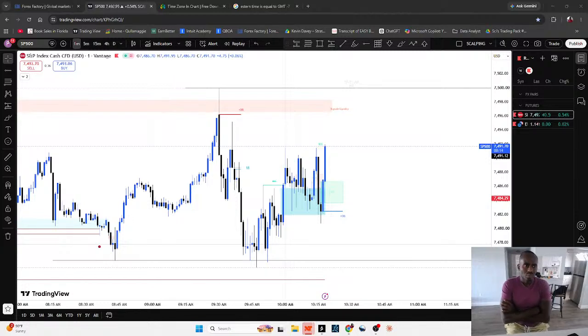I'm not going to let this market entice me to chase or anything. Nope. I'm looking at the hourly nasty wicks, 15-minute nasty wicks. I'm going to put an alert if it breaks this.